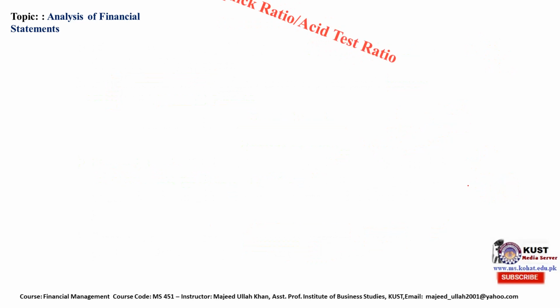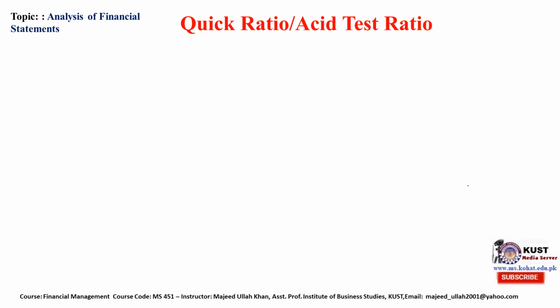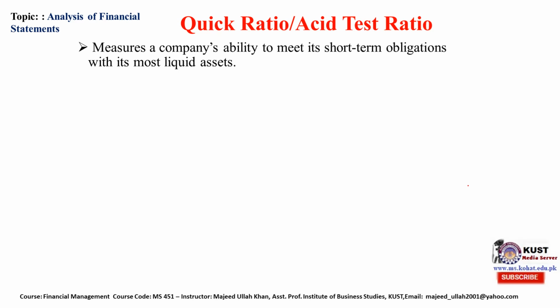Now, the quick ratio or acid test ratio. The current ratio means current assets divided by current liabilities. What is the quick ratio? There are certain observations on inventory and prepayments. There are multiple issues in inventory, and even inventory valuation can cause an increase or decrease in the cost of goods sold and in the inventory reported on the balance sheet.